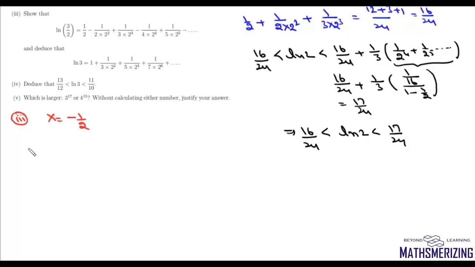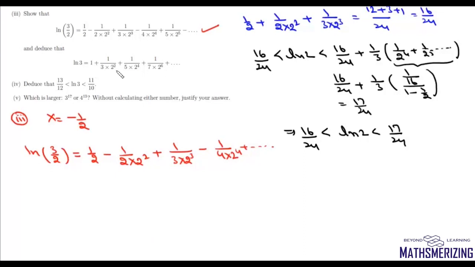So log 1 minus x will be log 3 by 2, and then it will be 1 by 2 minus 1 by 2 into 2 square plus 1 by 3 into 2 cube minus 1 by 4 into 2 to the power 4, so on and so forth. This is what we need to prove in this first part.